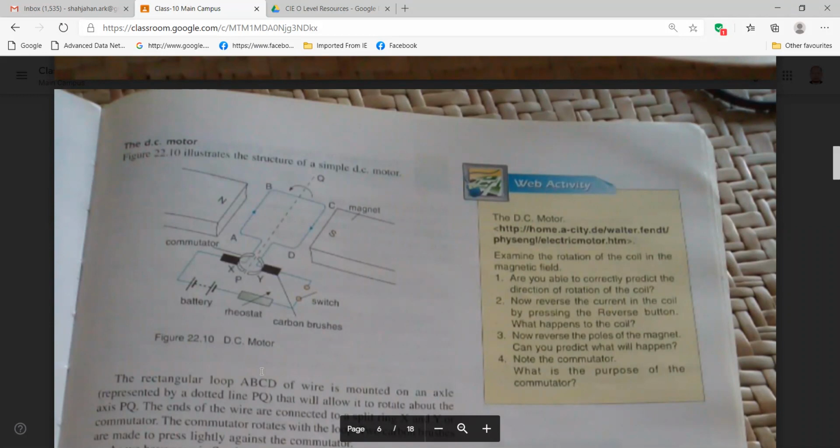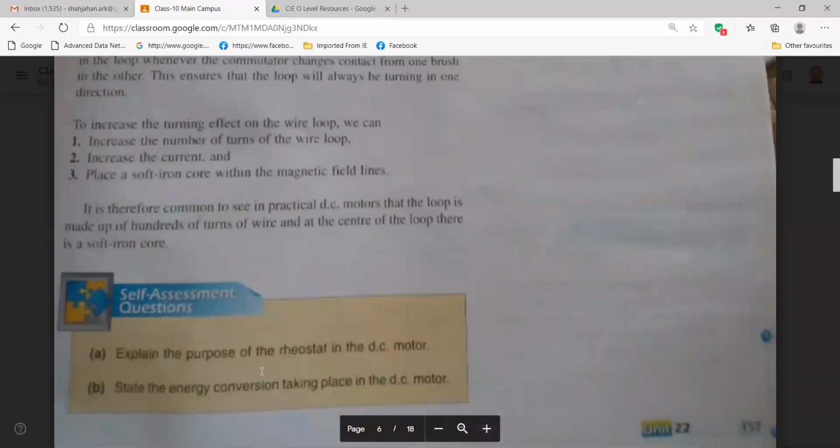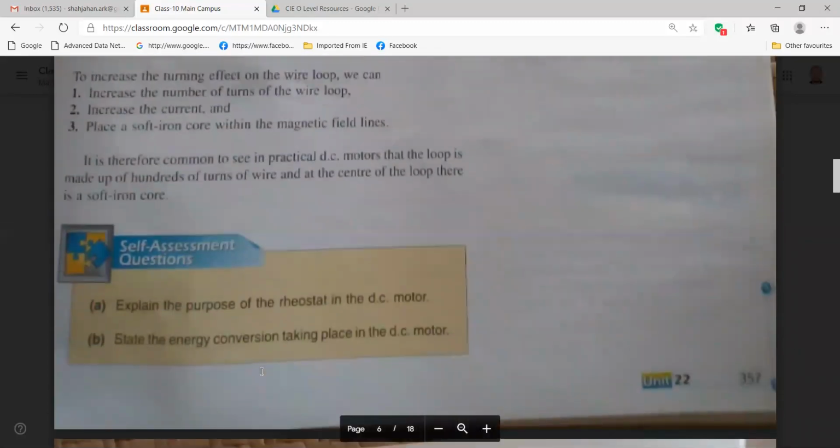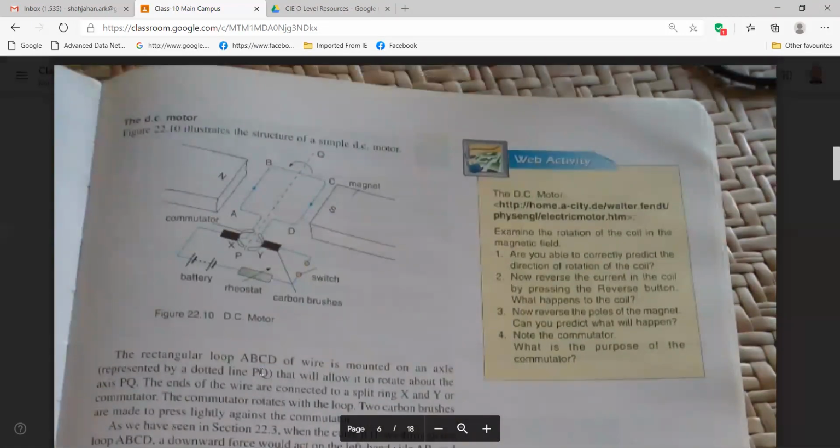You draw it, and the page number of the book you can write. It is from page number 357.